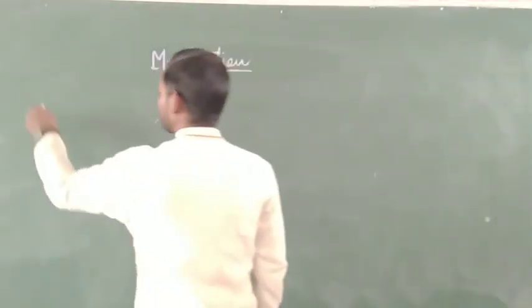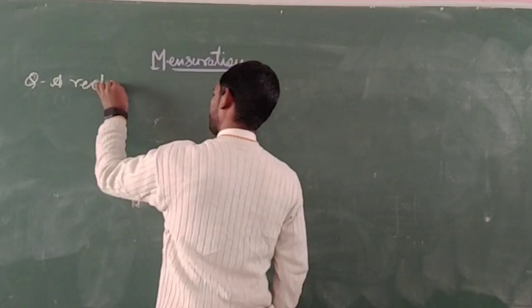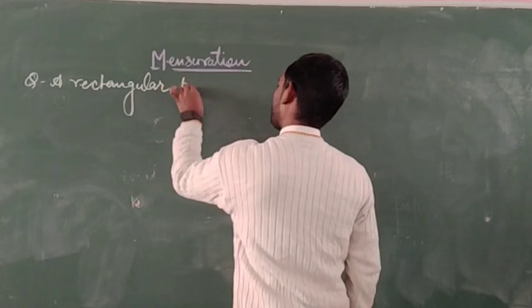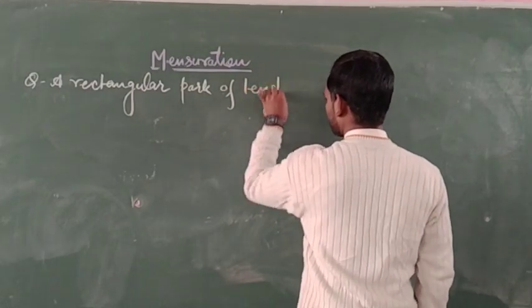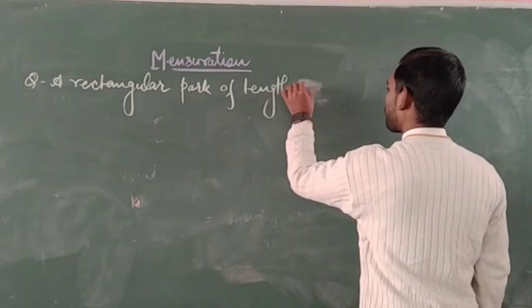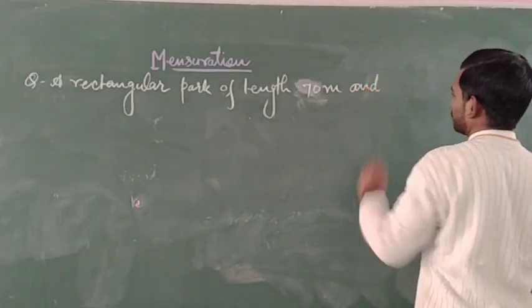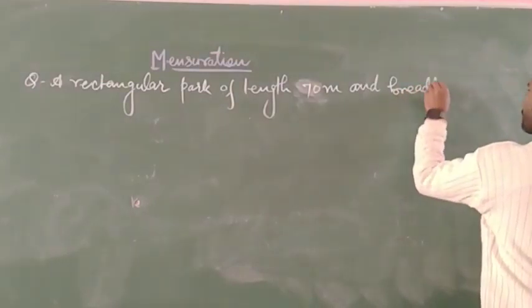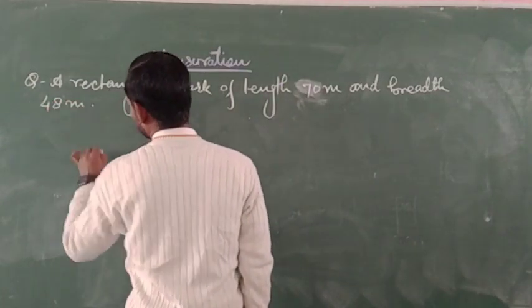So the first question is, a rectangular path of length 70 meters and breadth 48 meters.